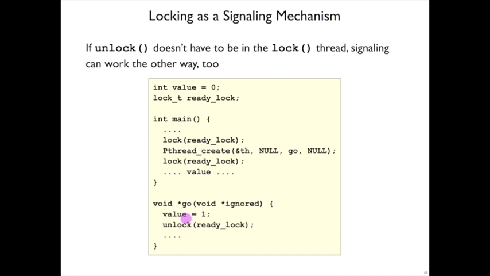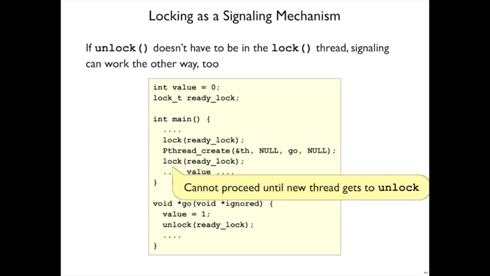In this case, the created thread is supposed to initialize the value, and the original thread is waiting. This will work out because the creating thread has to wait for the lock to become available again, and that will become available in the child. This pattern only works if the thread that takes a lock is allowed to be different than the thread that releases, that balances that lock call.